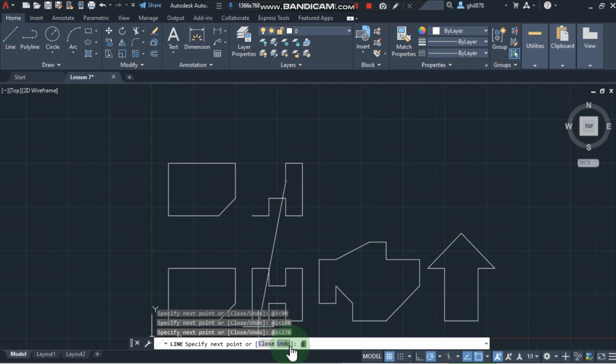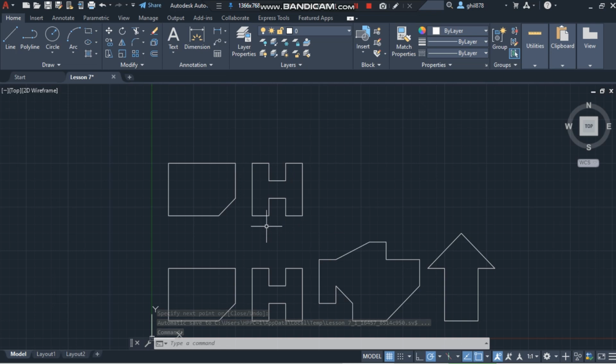To the left at 1, angle of 180 degrees. Going up at 1, angle of 90 degrees. To the left at 1, angle of 180 degrees. Then to close it, we have at 3, angle of 270 degrees. So we have drawn our second figure using polar coordinates.